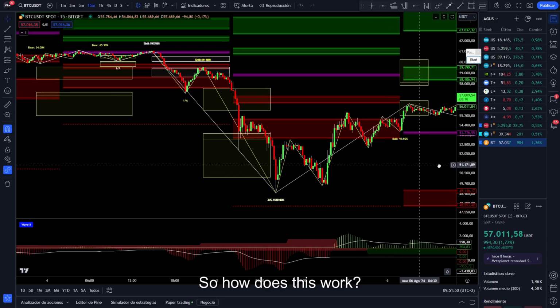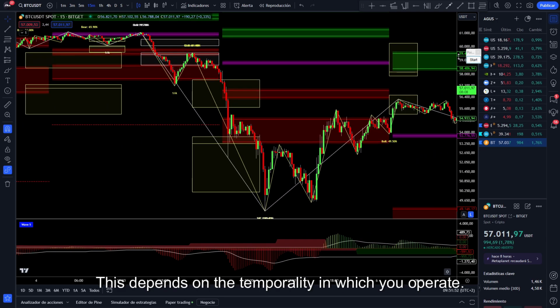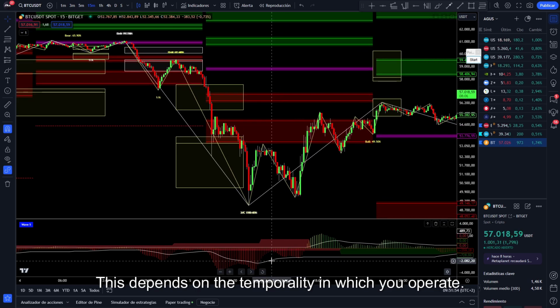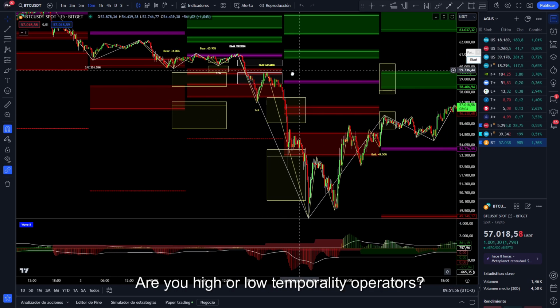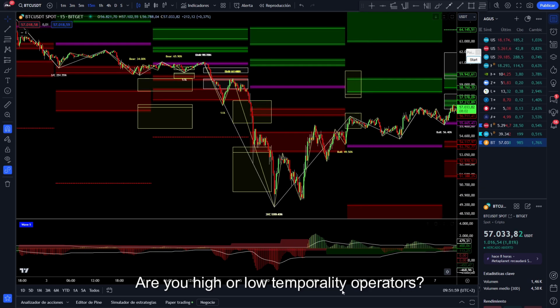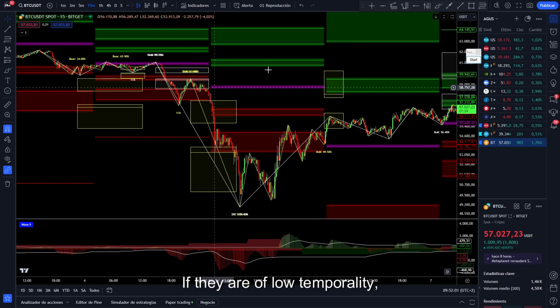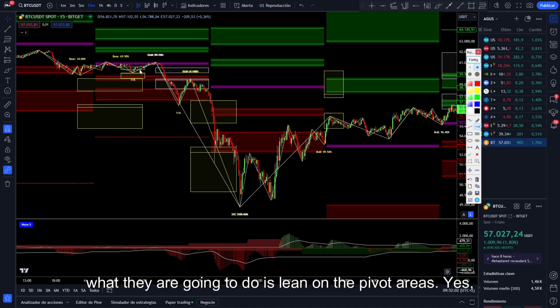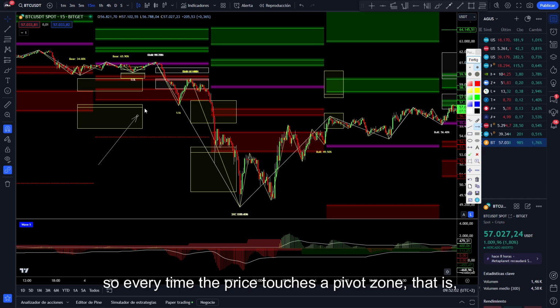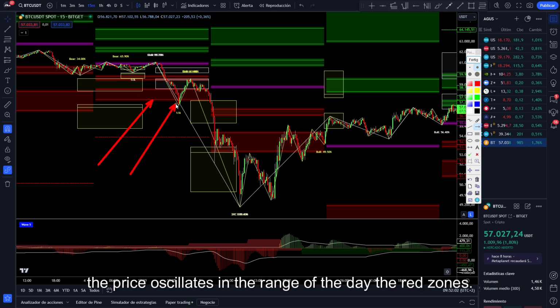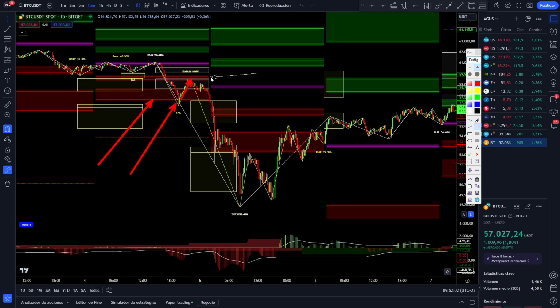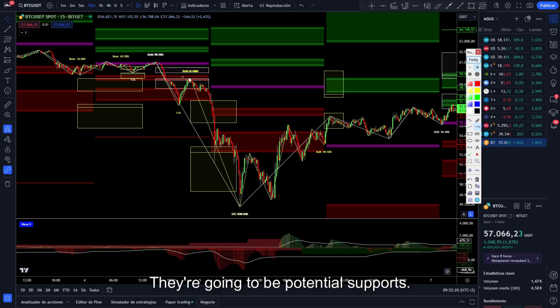So how does this work? This depends on the temporality in which you operate. Are you a high or low temporality operator? If you are low temporality, what you are going to do is lean on the pivot areas. Every time the price touches a pivot zone, that is, the price oscillates in the range of the day, the red zones are going to be potential supports.